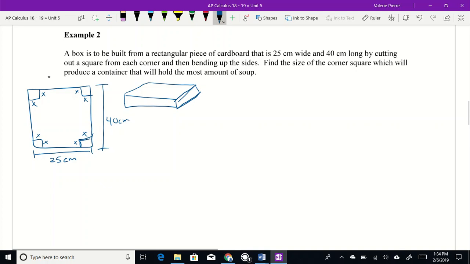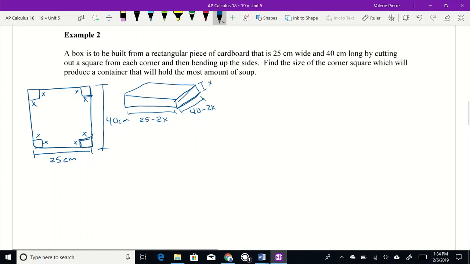Right, so what that means is when we create this box, after we've cut out these corners, our width is going to be 25 centimeters minus the two sides that we cut out here, so minus 2x, and our length is going to be 40 centimeters minus the two sides that we cut out here, so minus 2x. And then our height is just going to be the height of what we cut, so this height is going to be x.